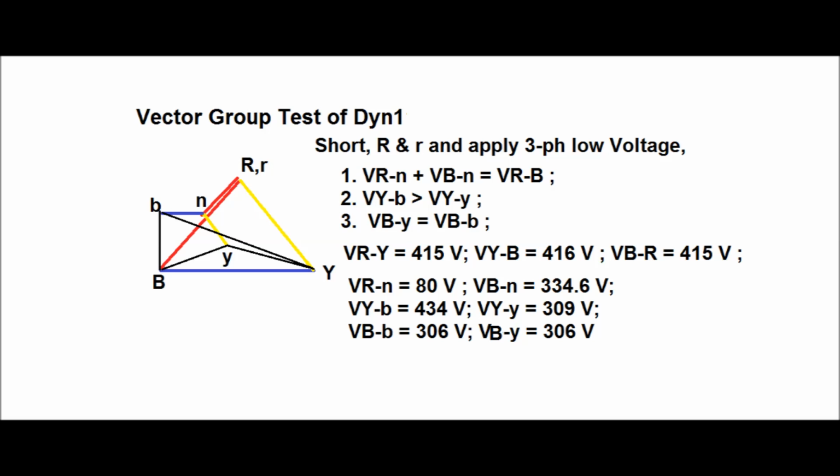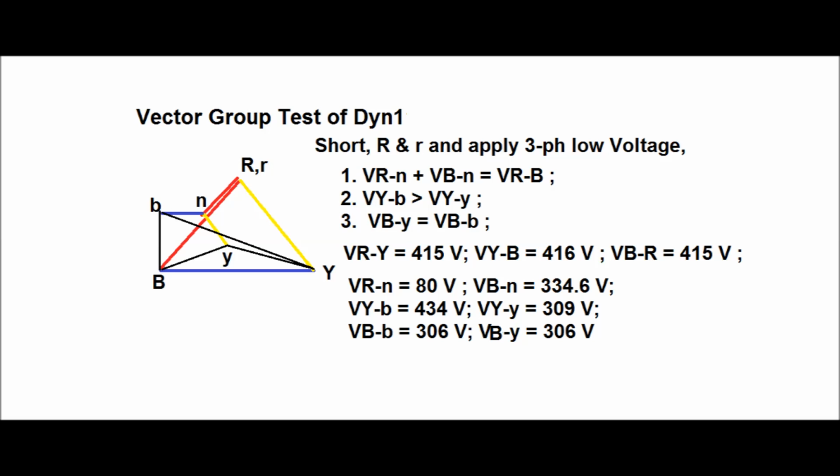The measured voltage between HB side red and LB side neutral is 80 volt, and the measured voltage between HB side blue and LB side neutral is 334.6 volt. So the sum of these voltages is almost equal to the HB side supply voltage between red and blue phase, which is 415 volt.